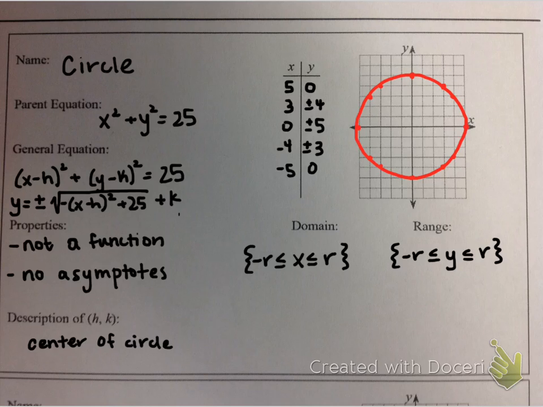Now, if I have 16 instead of 25, so x squared plus y squared equals 16, my radius is going to be 4 all the way around. So I take that number and take the square root of it. Now, obviously, if my center has moved, it's not going to be a radius around the origin like this. It'll be a radius around whatever my new center is. And we'll do some examples like that in class.